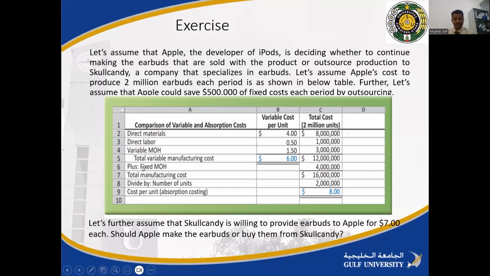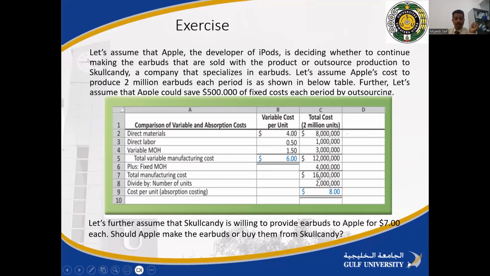As mentioned here, the fixed cost to produce 2 million units is 4 million. What does that mean? It means this company pays total variable cost and total fixed cost of 4 million.